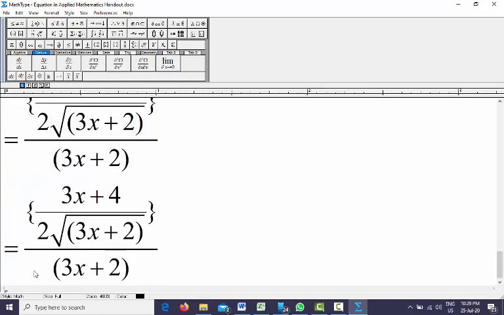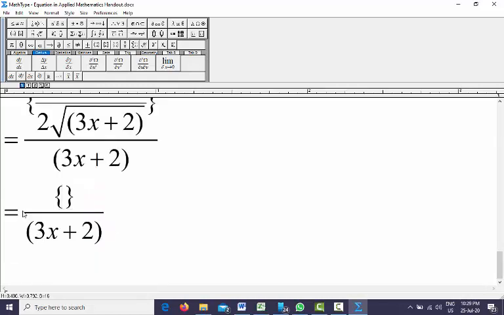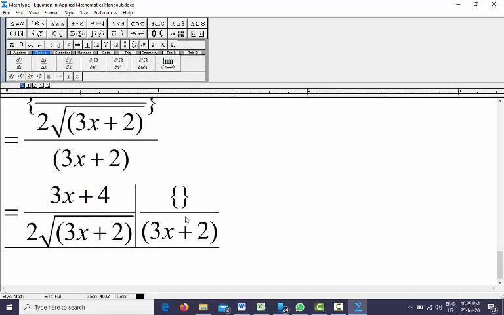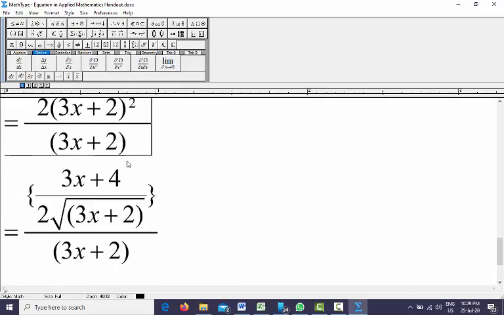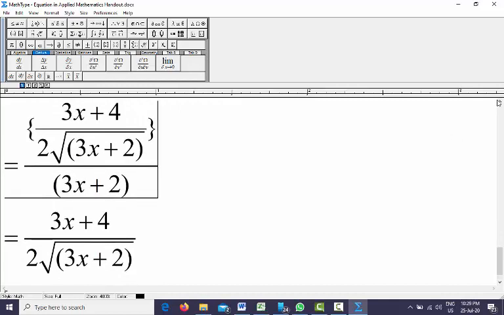So now what should we do? This one is already in the numerator, so we should write it exactly like that, and this one is in the denominator.